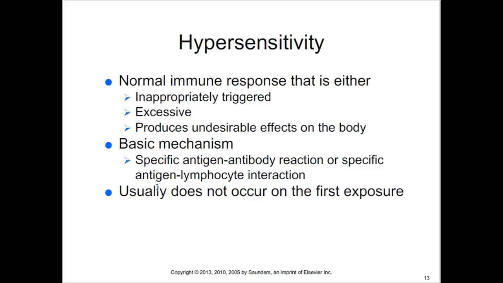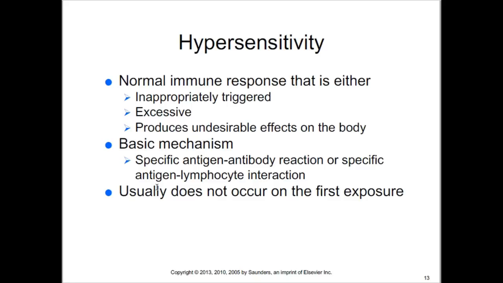Okay. Another overproduction or excessive immune response is called hypersensitivity, right? This is a normal immune response that is inappropriately triggered, such as allergies, or excessive, and thus producing some undesirable effect on the body.